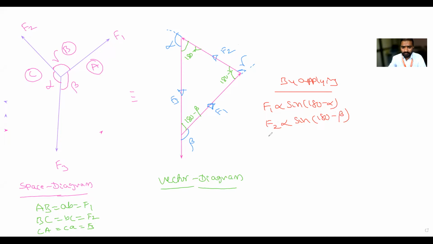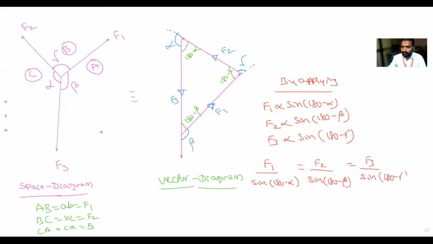And F3 force is directly proportional to sine of 180 minus gamma. So how will I write? F1 divided by sine of 180 minus alpha is equal to F2 divided by sine of 180 minus beta, which is equal to F3 divided by sine of 180 minus gamma.